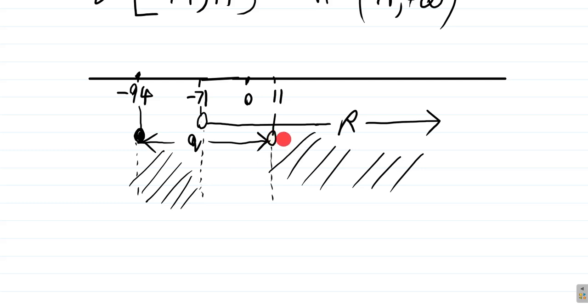But what happens over here? Q minus R. Here, Q would be included, it stops here. But this part is R alone.